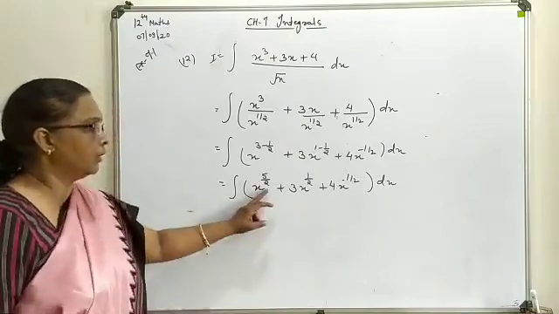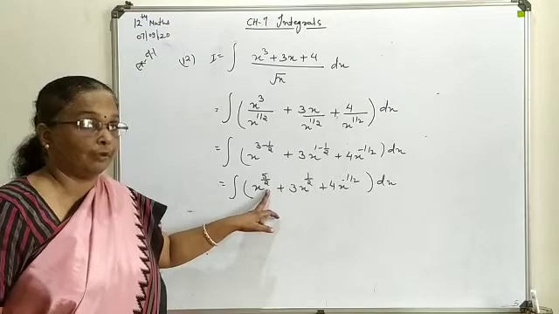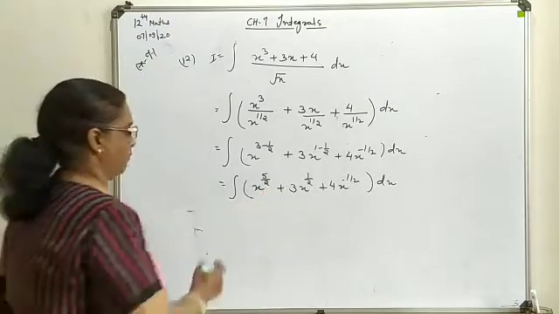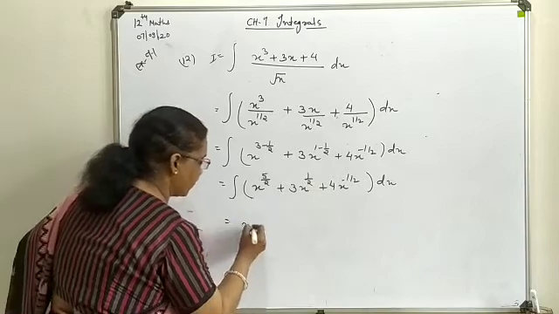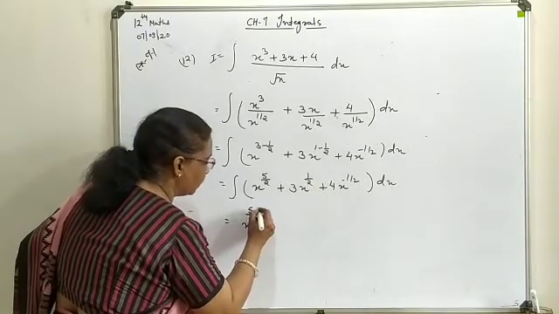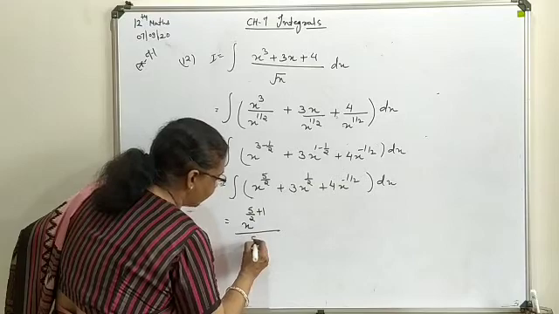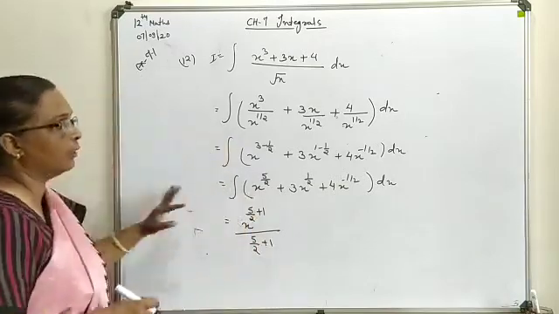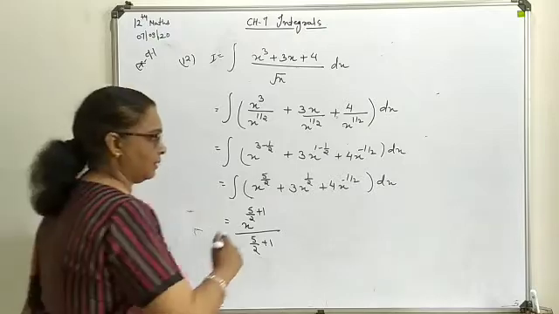Take care, all the powers are written in fractional form. So carefully write its integration form. First of all, this is x power 5 upon 2 plus 1, upon 5 upon 2 plus 1. Doesn't matter, it is available as a fraction, your formula form will remain the same.